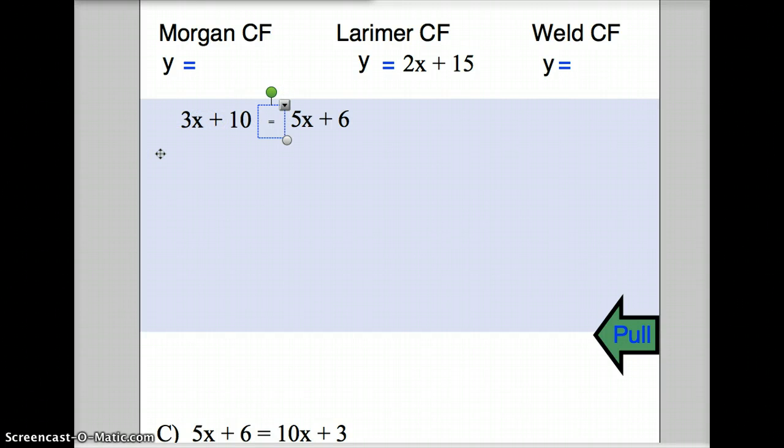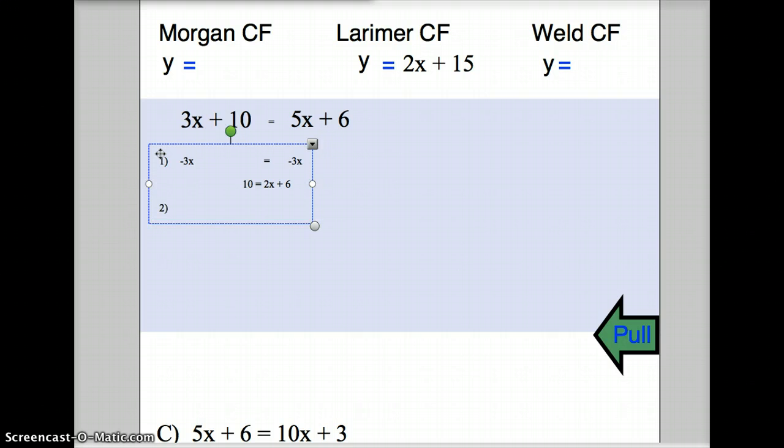Well, the very first step now, step number 1, is, which is the smaller x? The 3x's. I'm going to subtract 3x from both sides. Whatever I do to one side of the equal sign, I must do to the other. What I'm left with on this side is a 10, and 5x minus 3x is 2x plus 6.